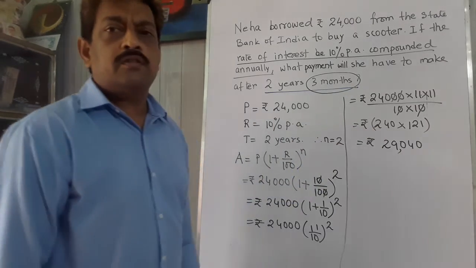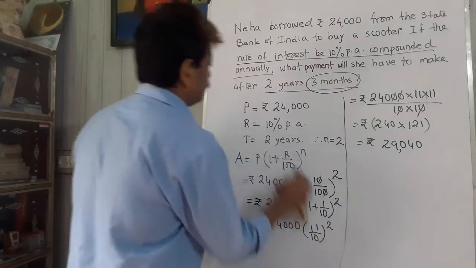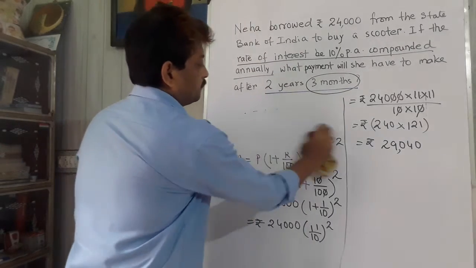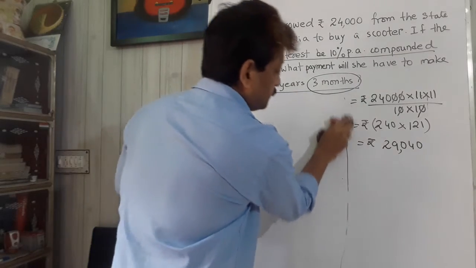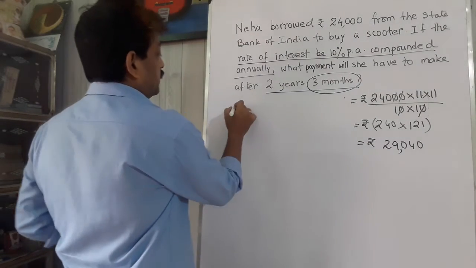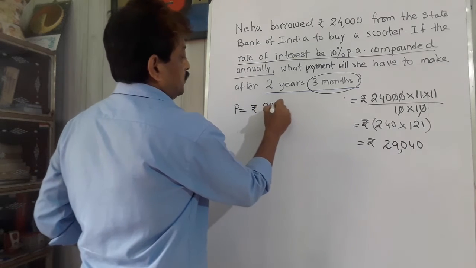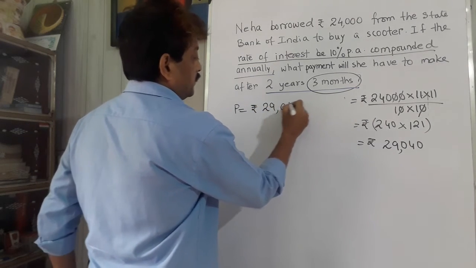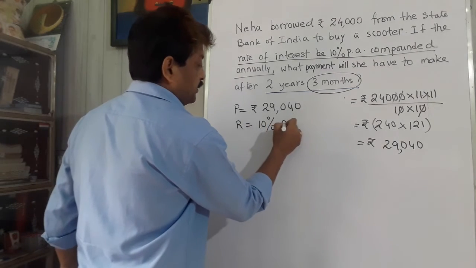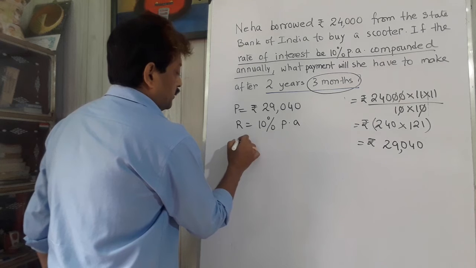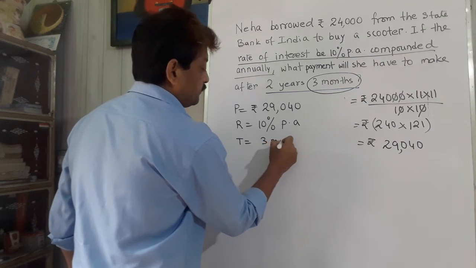and on this principal we have to calculate the interest for the next 3 months. So here the new principal is rupees 29,040. The rate of interest will remain same, 10% per annum, and the time will be 3 months.